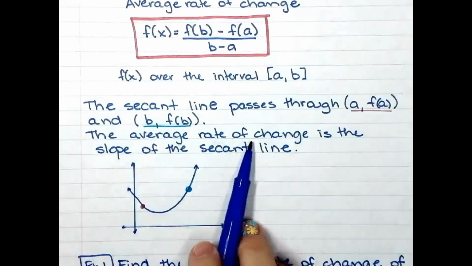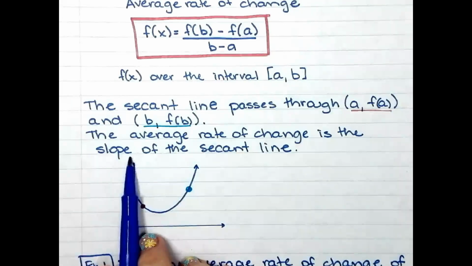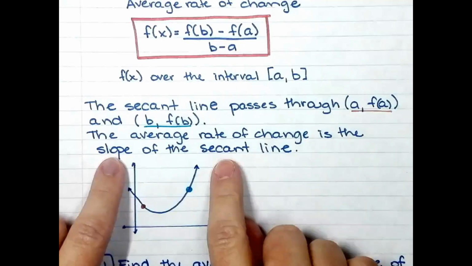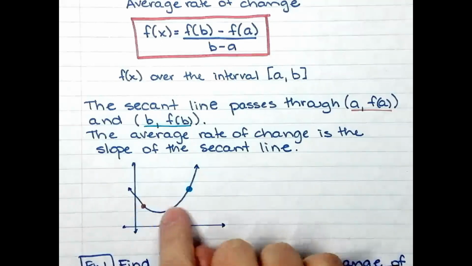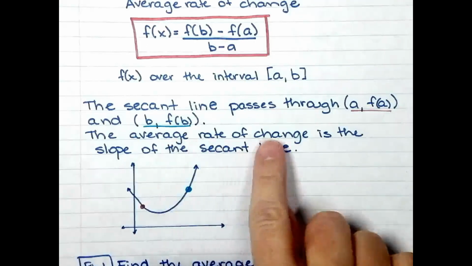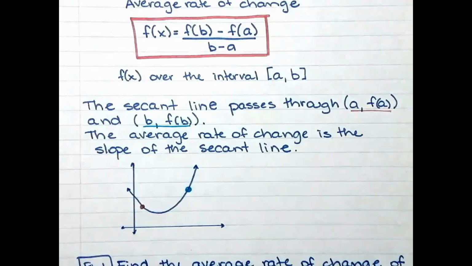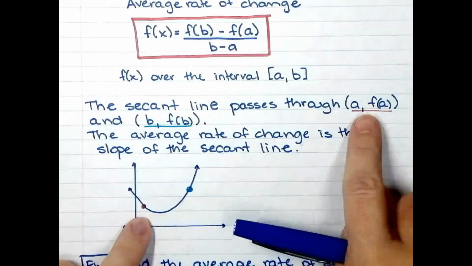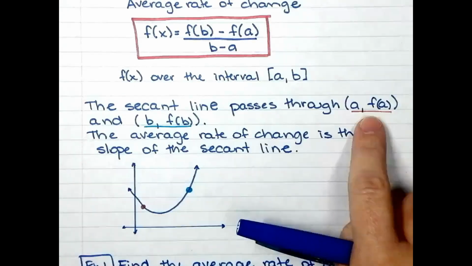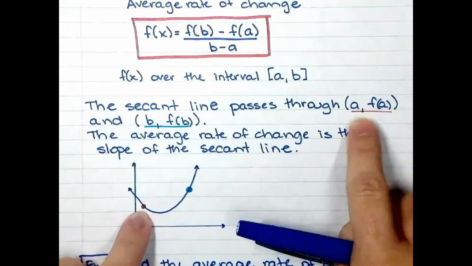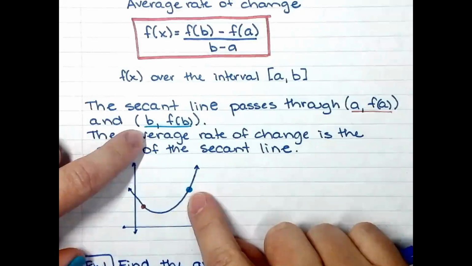So the average rate of change is the slope of the secant line. It doesn't matter what the function is, the average rate of change will always be the slope of the secant line. So what is the secant line? Right here I tried to color code it for you. I'm going to do the red dot right there, the A point, and the blue dot right there, the B point.